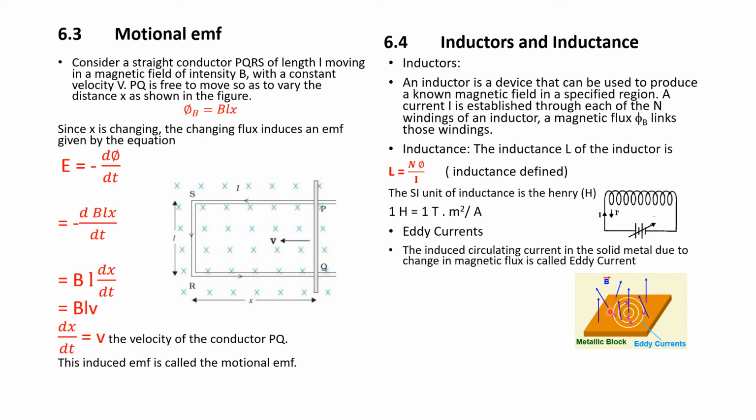This circulating current in the solid block is called the eddy current. Eddy currents are used in electric furnaces, speedometers of motor vehicles, electric brakes in trains, and energy meters, which we use as watt-hour meters in our houses.